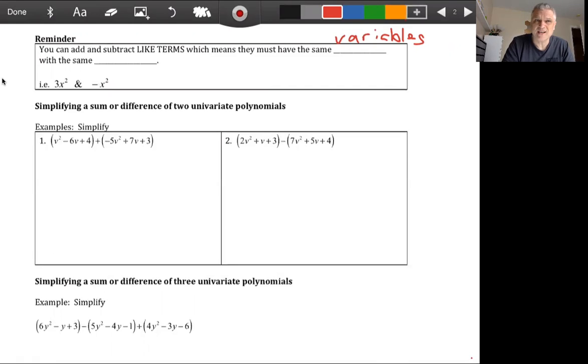If one term has X and the other one doesn't have X, they're not like terms. If one term has A, B, C, D, and the other term just has the A, the B, and the C, they're not like terms. They have to have the exact same variables. And those variables must have the exact same exponents.